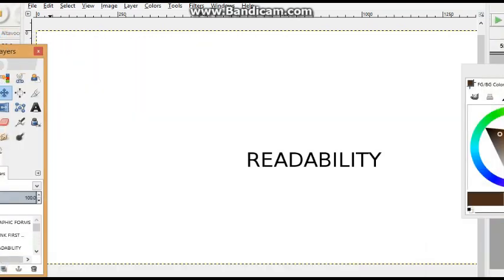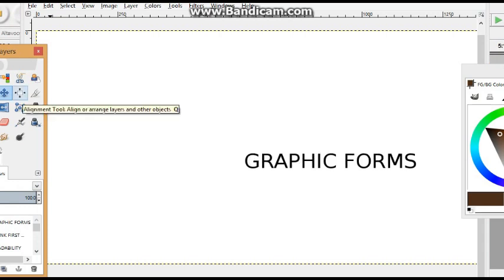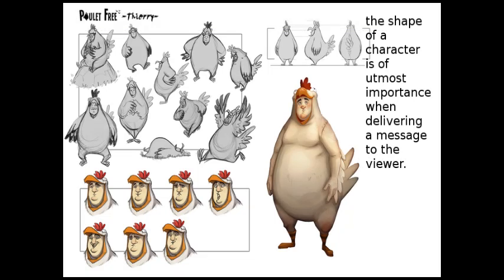Now, the next part I want to hit is what are graphic forms? Graphic forms are what our characters are made of. This is a very important psychological step, and this will give your characters more depth and a greater impact on the viewer.